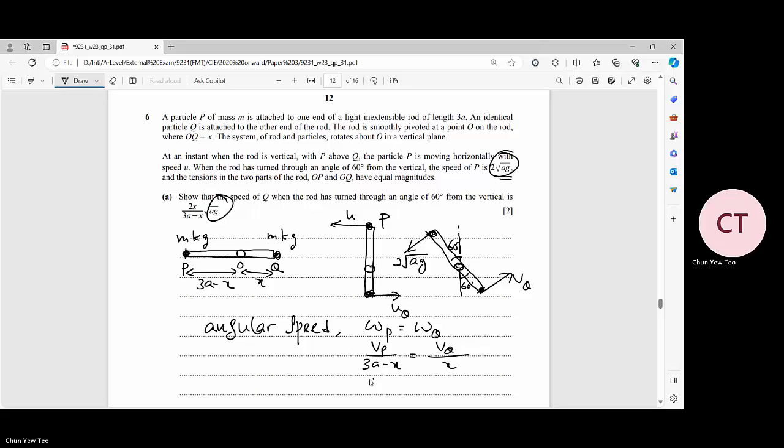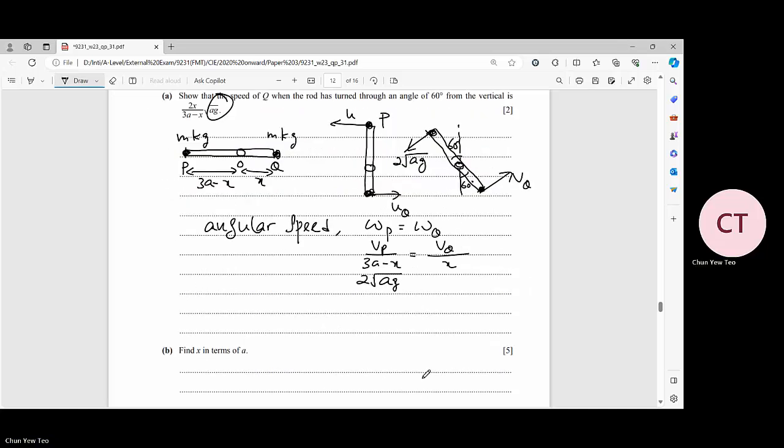Your VP just now was given as 2 square root of ag, and this divided by 3a minus x is equal to VQ divided by x. Therefore your VQ is equal to 2x square root of ag divided by 3a minus x. That will be the answer for part A.